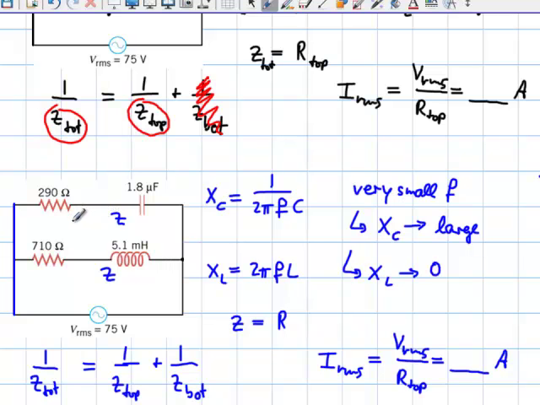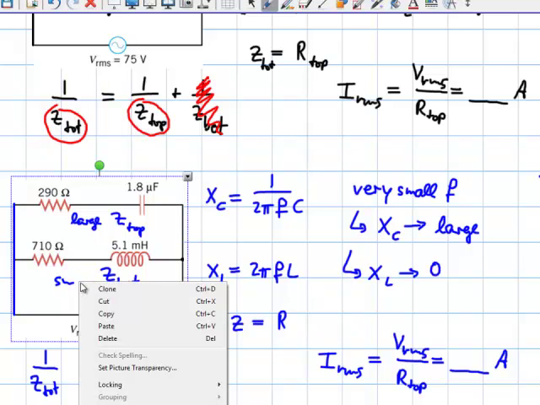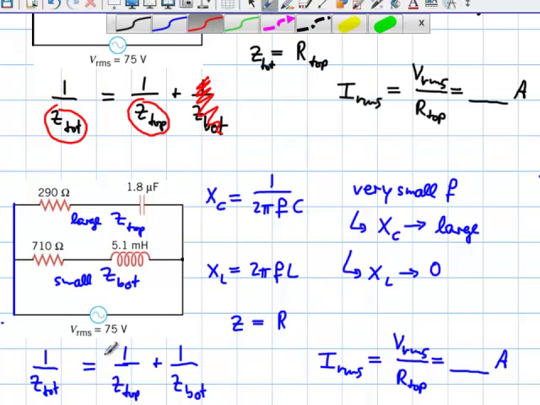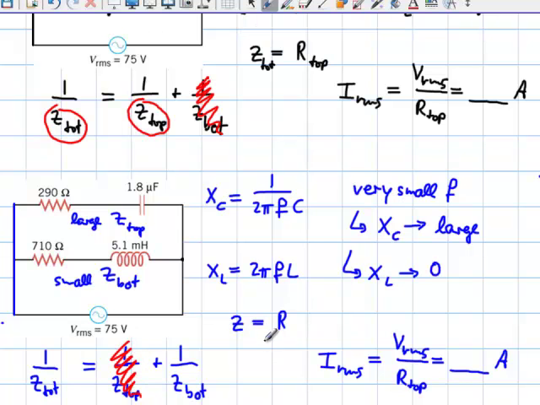That means that here we have a large impedance on the top. I could have written this one as top, and the other one as bottom. And here we are going to have a small impedance. When I look at these in parallel, here small and here large, the top one is the one where the fraction is no longer there because I divide by a large number, so it's basically 0.